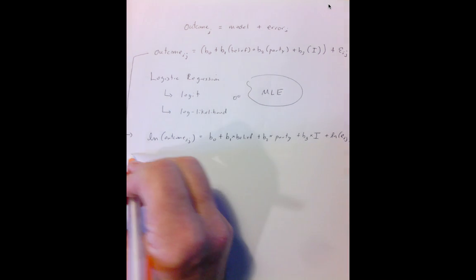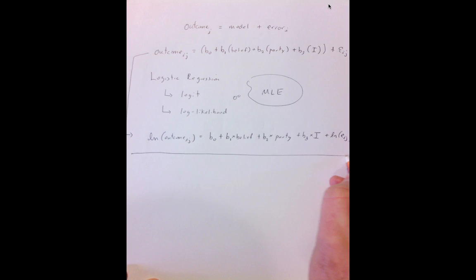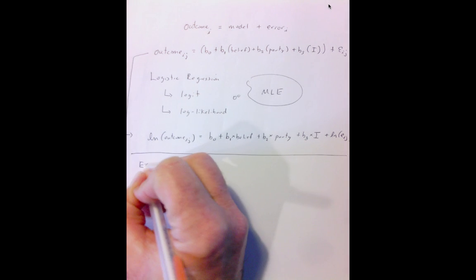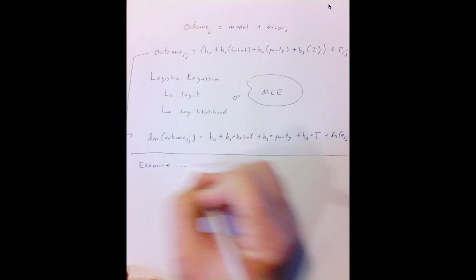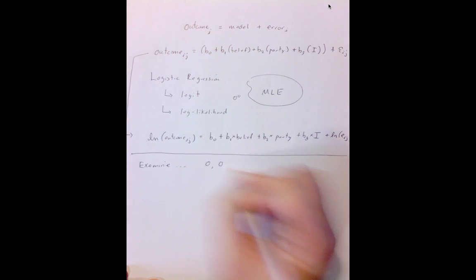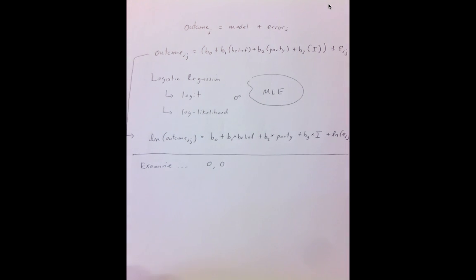The first thing I want to do here is examine the first entry in the table, 0, 0. Going back to the table of the dummies for belief and party and the interaction, 0, 0 indicated what?